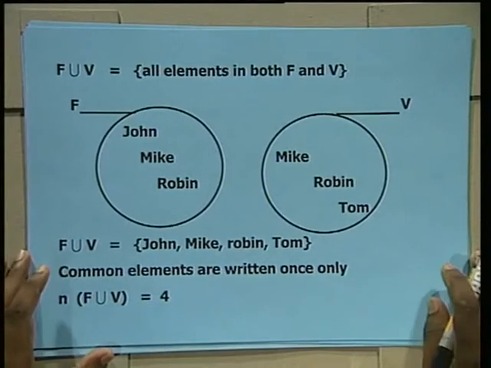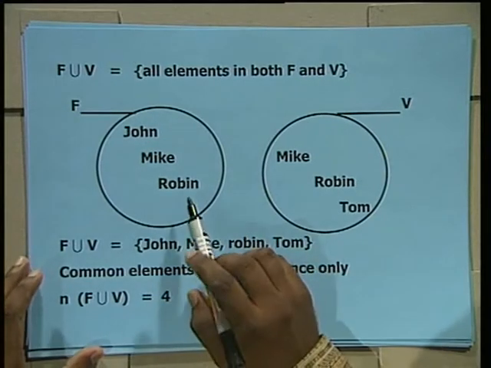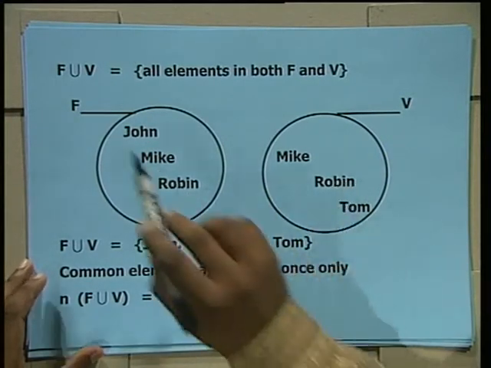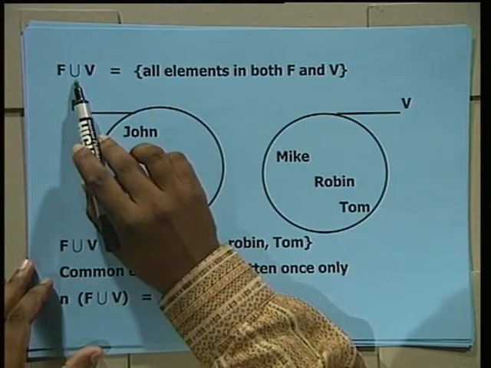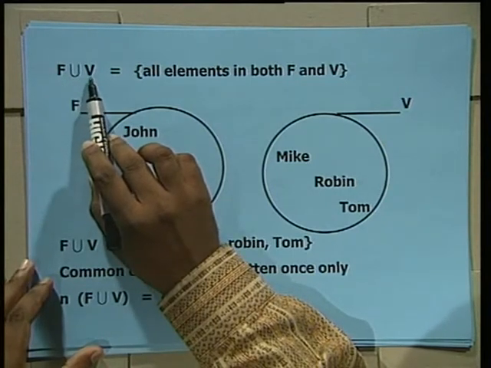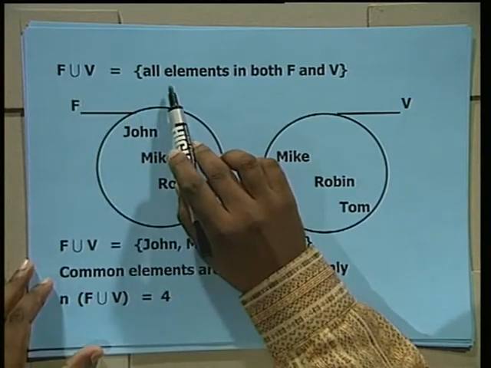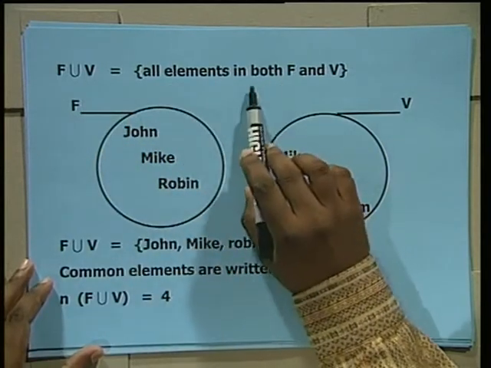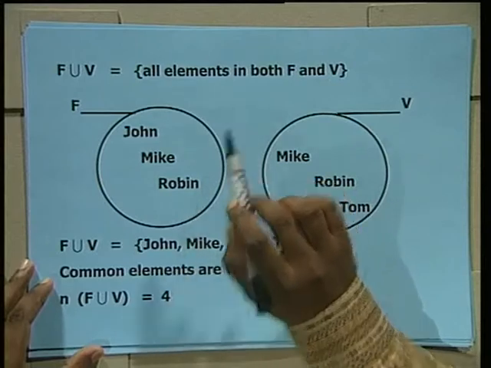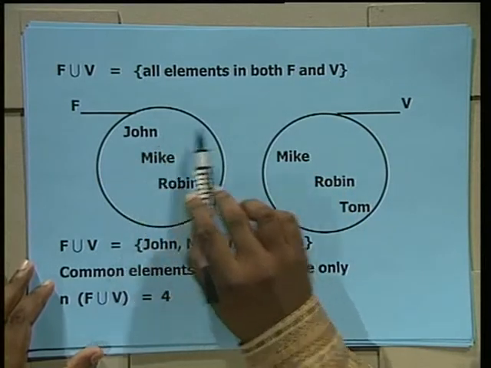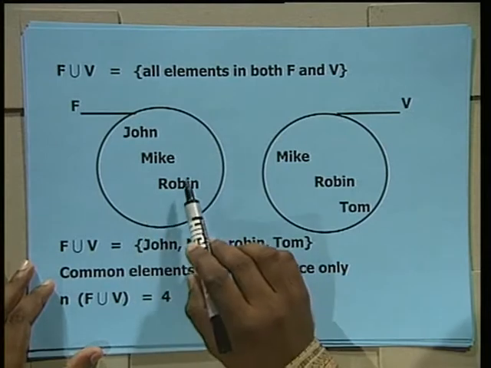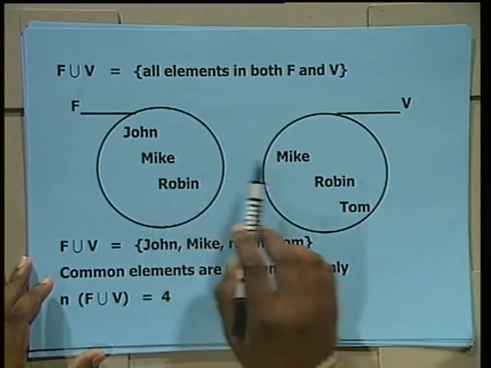The next new type of set that we're going to look at is obtained by taking two sets all together. And the new set produced is called the union. We have the set F and the set V. F union V, this is the symbol for union. F union V is a new set which contains all the elements in both F and V. That is, we'll take all the elements in both sets, but we'll not repeat the common elements.